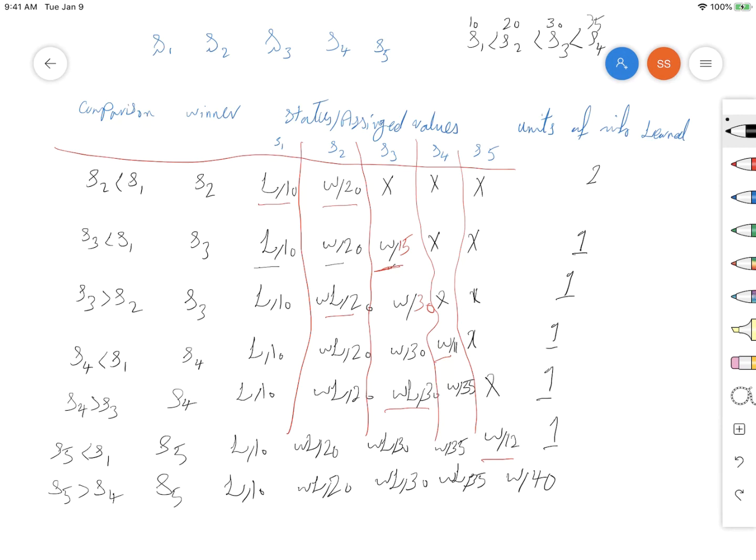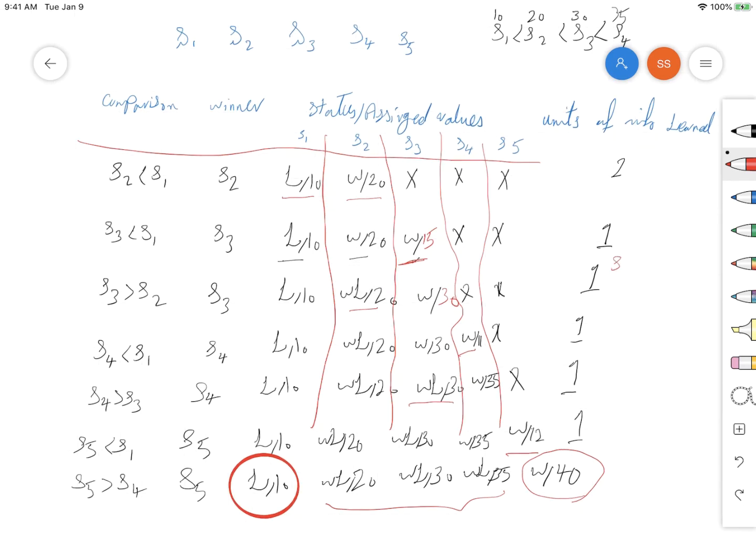And now, look, we are done with all the comparisons, and you'll see that all of them now have a status. So S1 has the status L. All other numbers have the status winning and loss, so it means that they are somewhere between the smallest number and the largest number. And S5 has the winning status of W. So we can conclude that S1 is the smallest number, and S5 is the largest number.